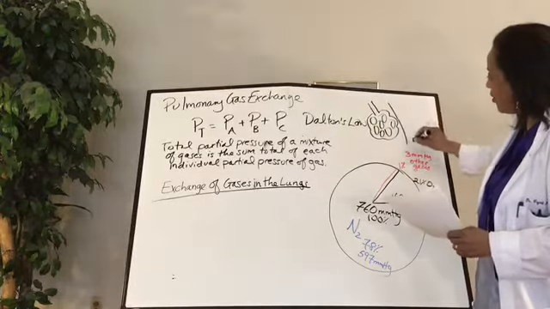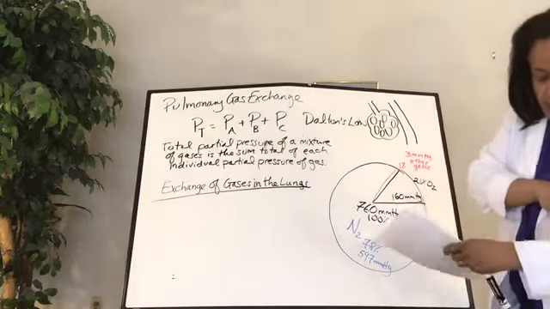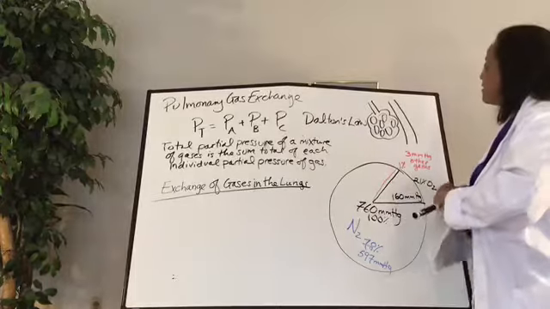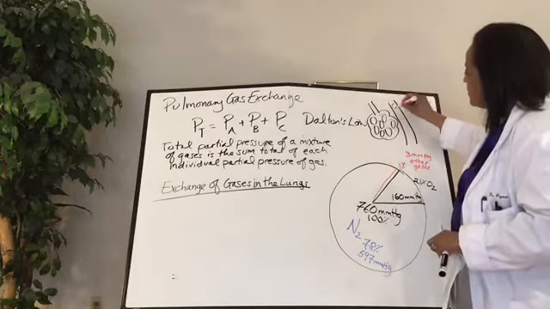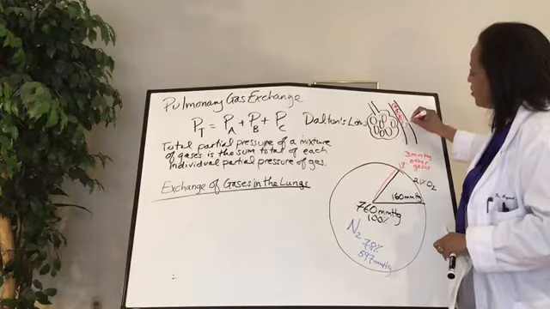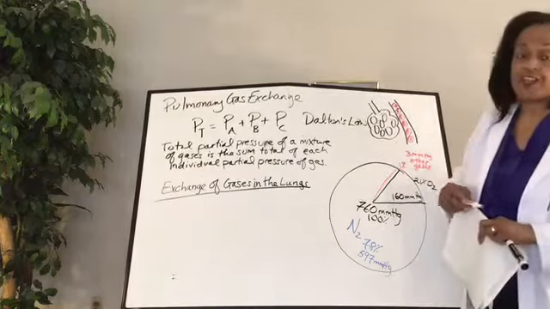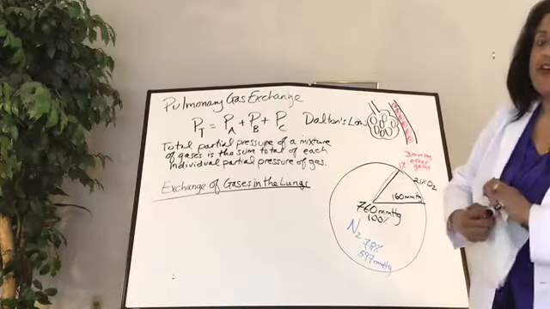So let me just draw, we'll just say that's a capillary there. Let's put some blood in it. Some beautiful, plump, red blood cells going through this capillary. And of course, this alveoli represents the lung.